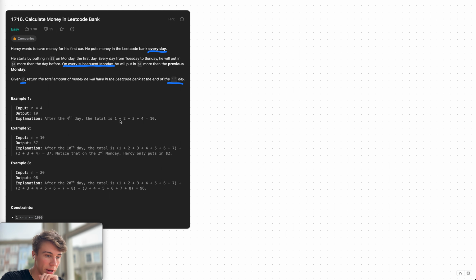Let's write out what the arithmetic progression for a week would look like. Well, we would have an x start, xs, and on the first week it would just be 1.